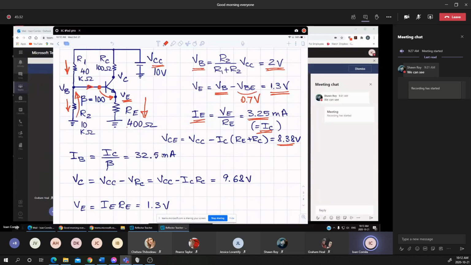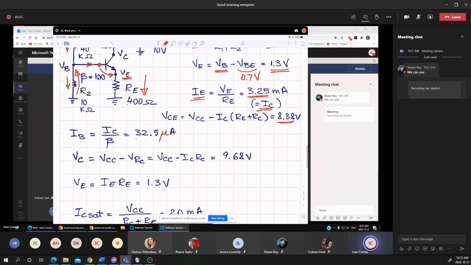Knowing the IC or the IE, and knowing the beta, we can find the IB. The IC is 3.25 milliamps, and the IB current is in microamps, 32.5 microamps, because 3.25 milliamps is divided by 100, which makes 32.5 microamps.